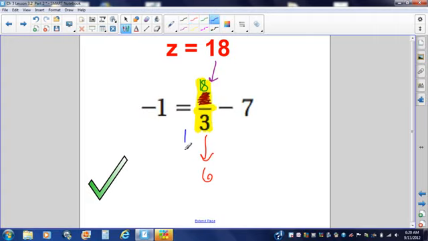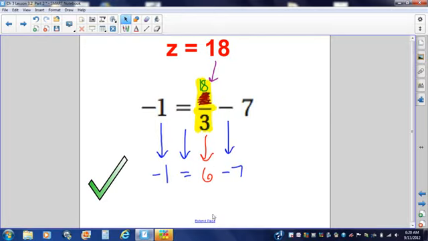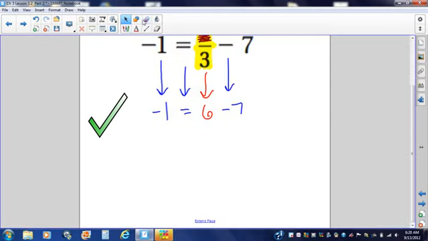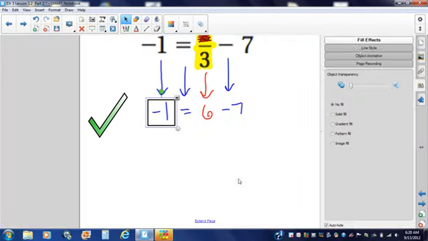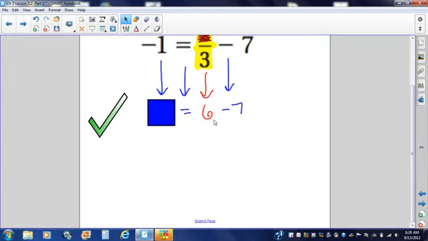Now I'll just copy the rest of my equation. I will cover up this negative 1 so I don't confuse myself. And I will say, what is 6 minus 7?